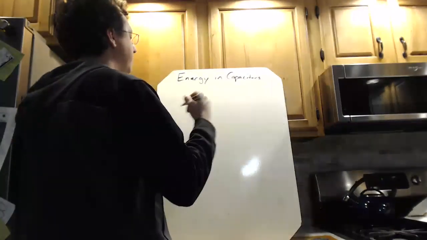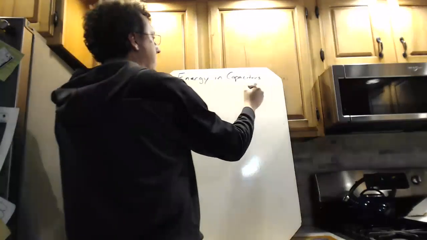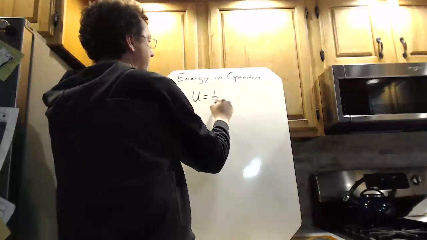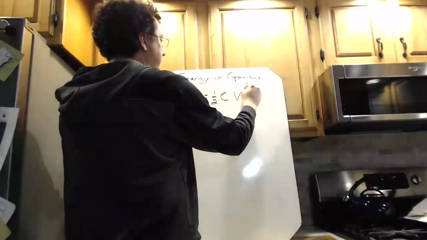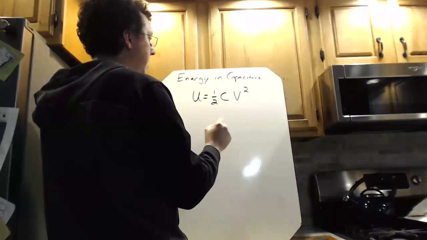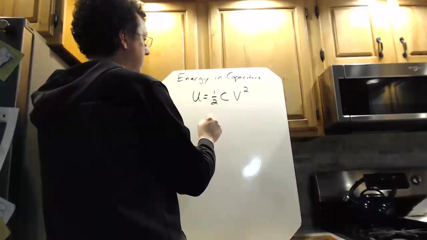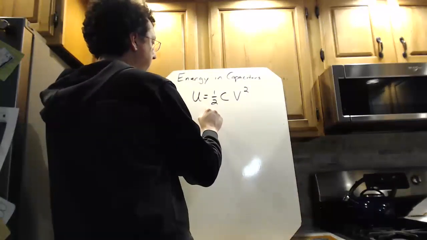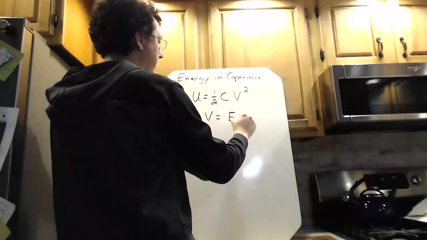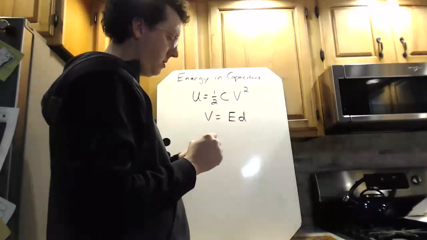Note what happens. So we found that the energy in a capacitor is 1/2 C times V squared. But for a parallel plate capacitor, we also have that V is equal to the electric field times the distance across the capacitor.